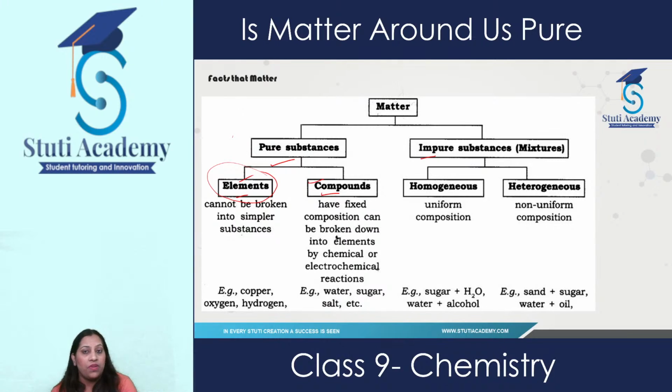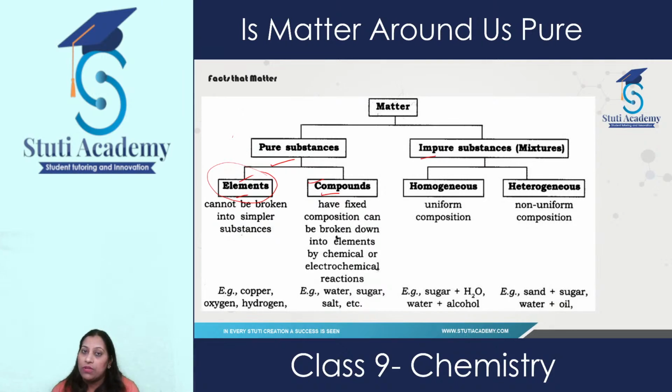If we apply any physical or chemical method on it, we cannot segregate it. Those substances are known as elements. Examples of such elements are copper, oxygen, aluminium, hydrogen, gold, silver. N number of examples fall under the category of elements.